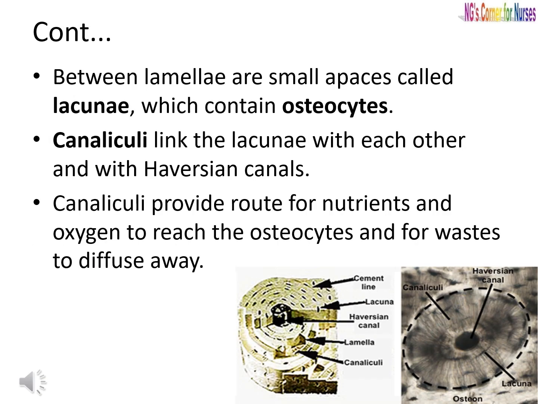Between lamellae there are small spaces called lacunae, which contain the osteocytes. Canaliculi link the lacunae with each other and with Haversian canals. Canaliculi provide a route for nutrients and oxygen to reach the osteocytes and for waste to diffuse away.